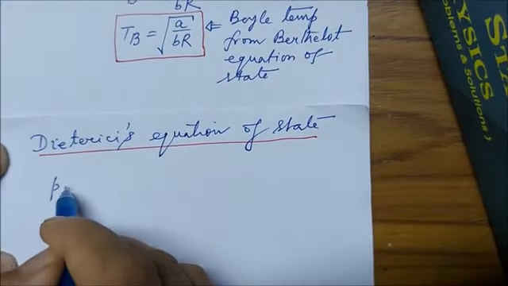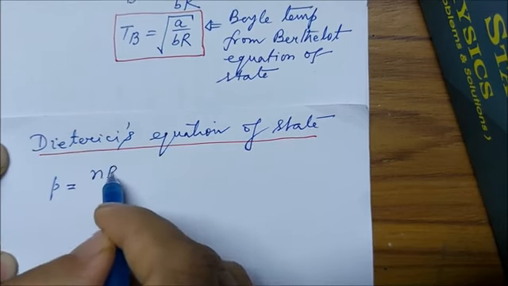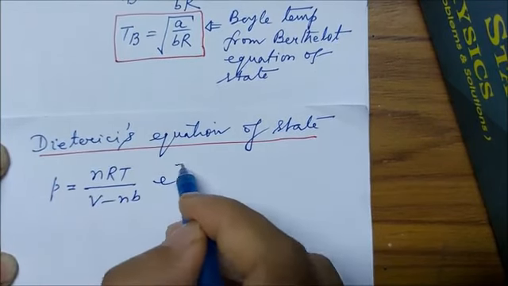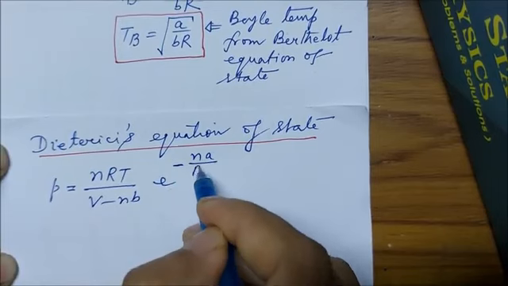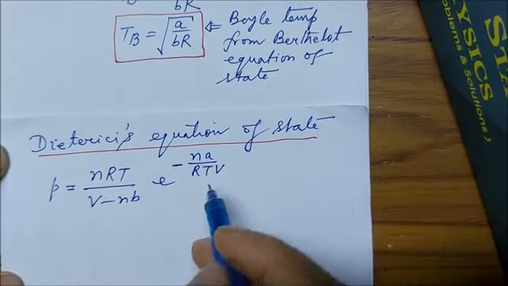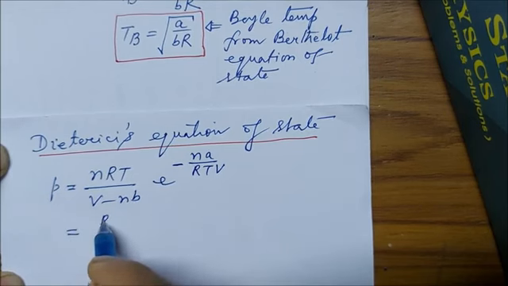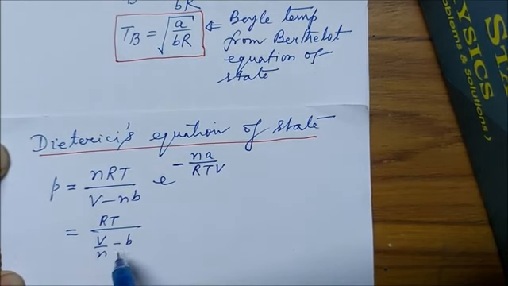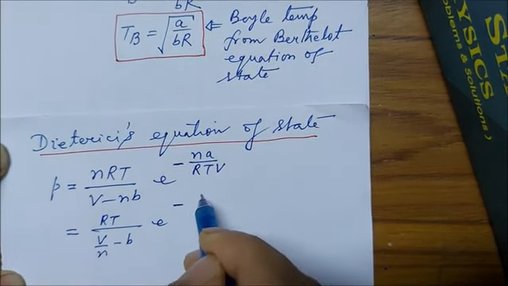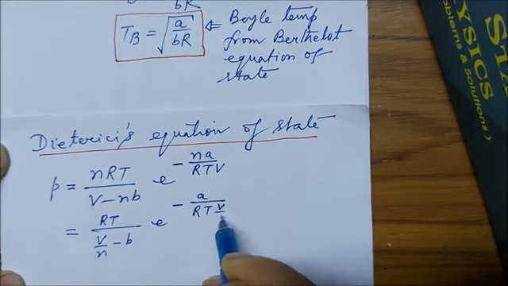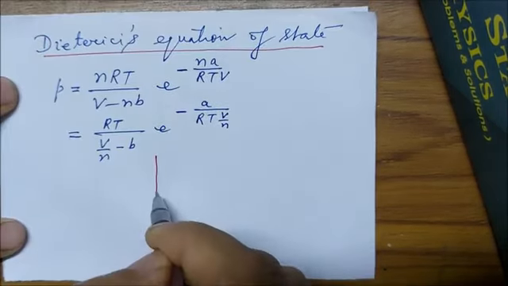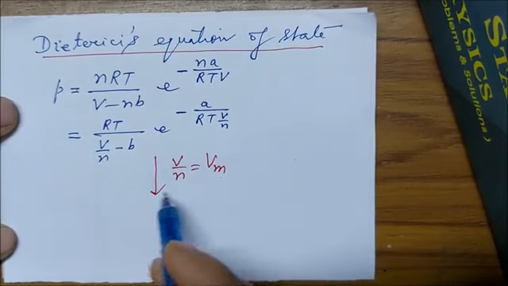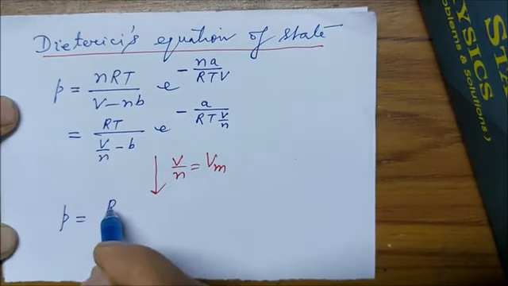According to which, we give it a simpler look through a simple manipulation through a division by n, and let us define molar volume and express the equation of state in terms of molar volume.